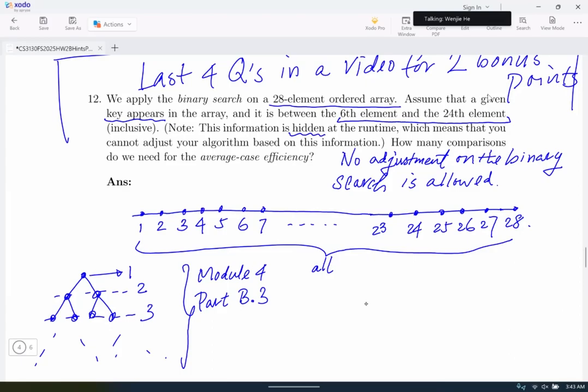But that one is for the whole tree. After that, we need to do something different.